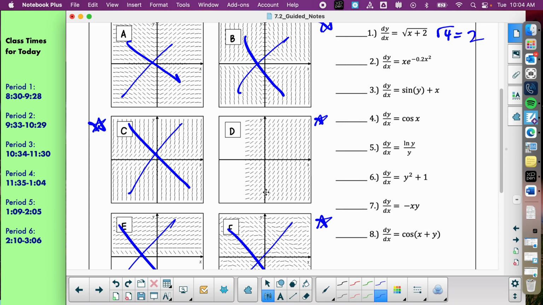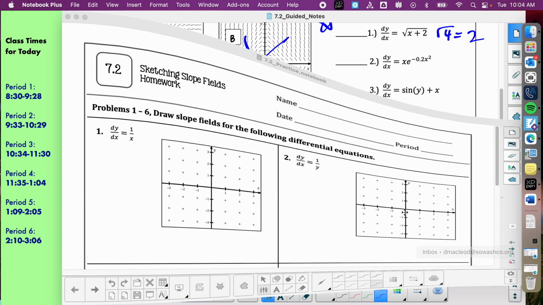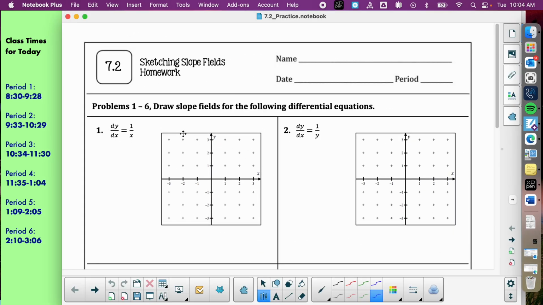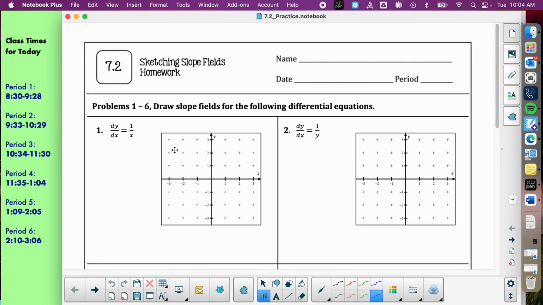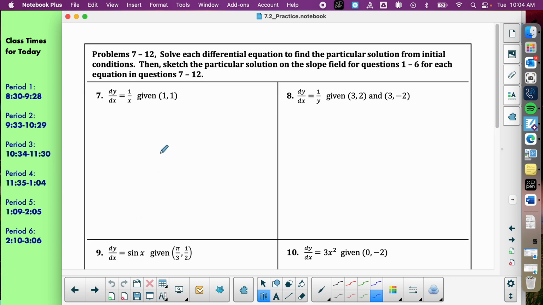If you look at your homework, the homework 1 through 6 on the front page, they're going to have you draw slope fields. And then you go to page 2, these are all the same slope fields. They want you to draw the particular solution on the slope field that you made, and then it also wants you to solve it by hand.